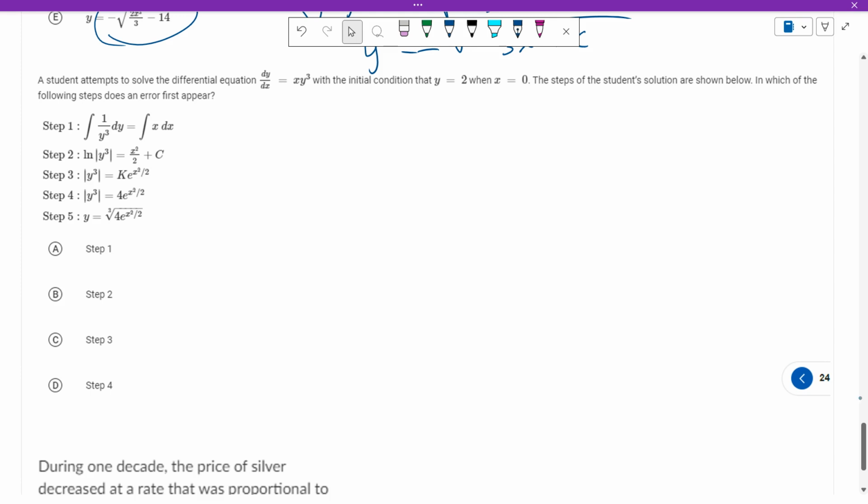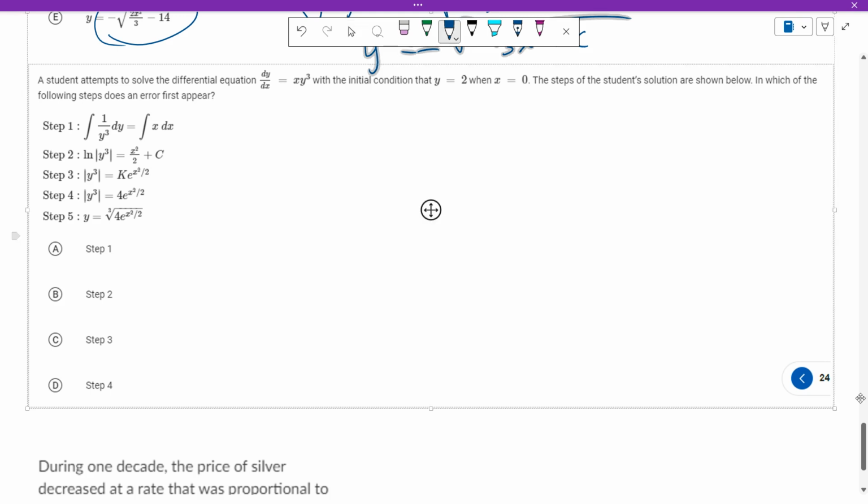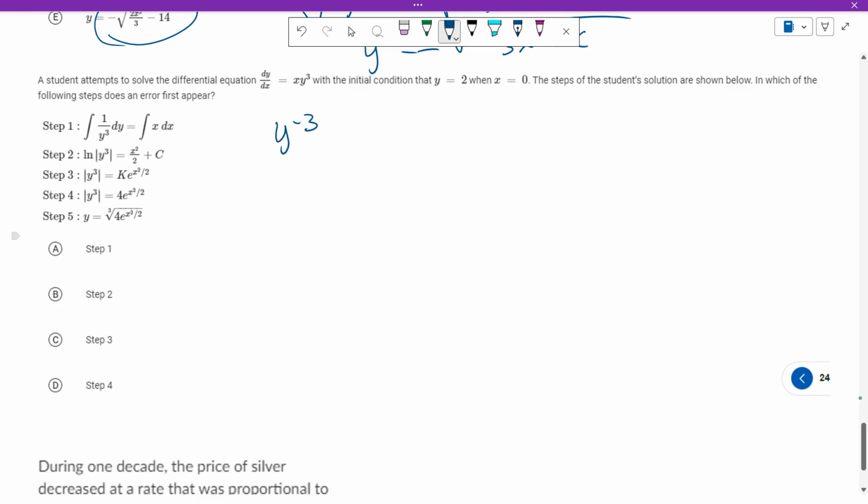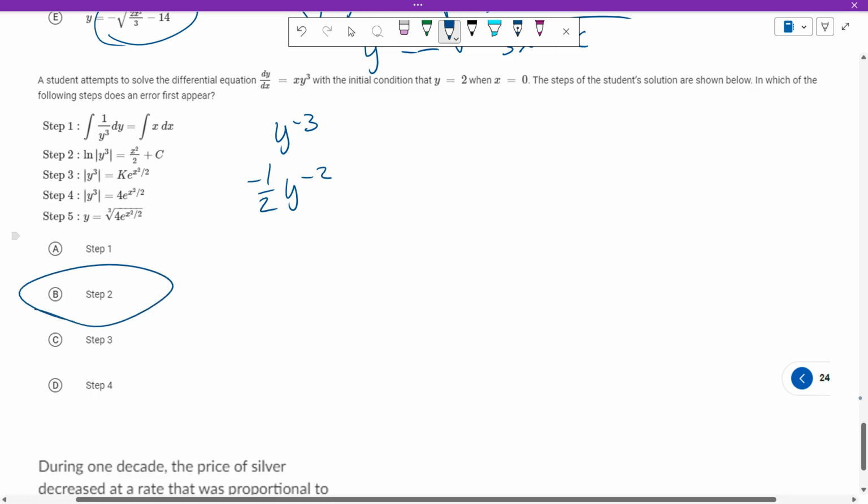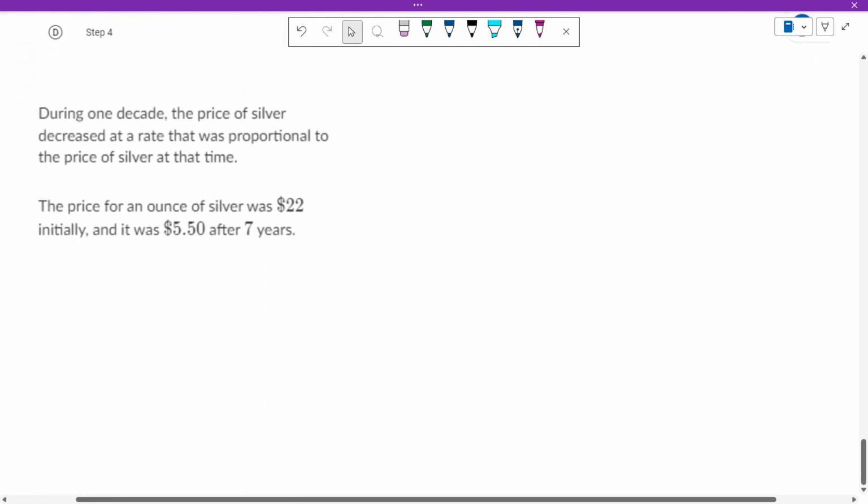No. It's only when it's 1 over y that it's the natural log. 1 over y cubed is y to the negative third. If you integrate it, it's y to the negative second with a negative 1/2 in front. Remember that? Make sure you remember that. Step 2 is where they went wrong.